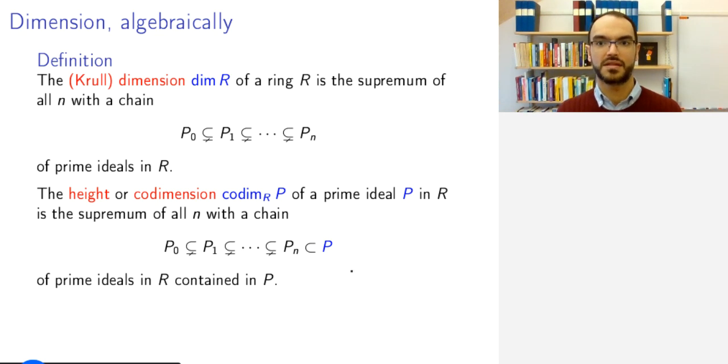So this is, as we will see, the proper definition of the codimension of a prime ideal.